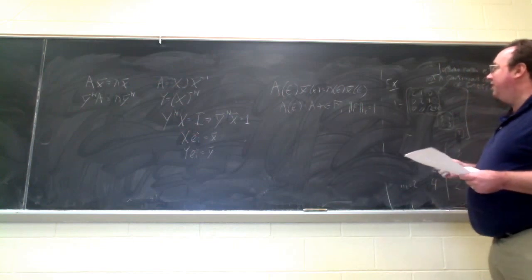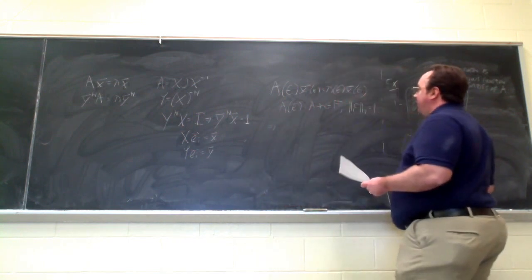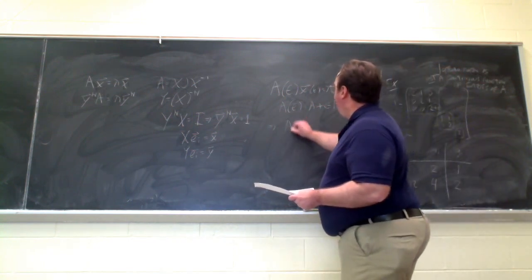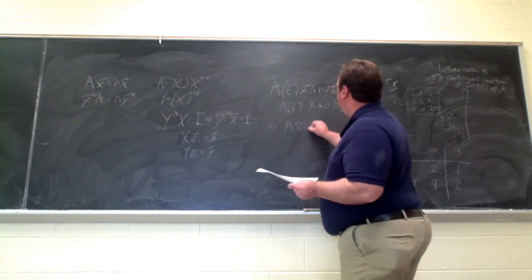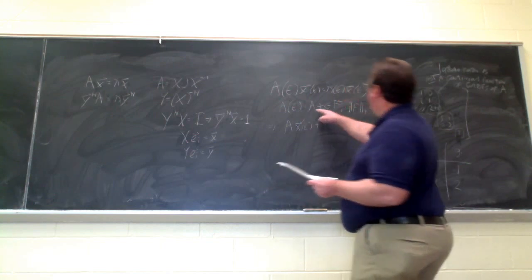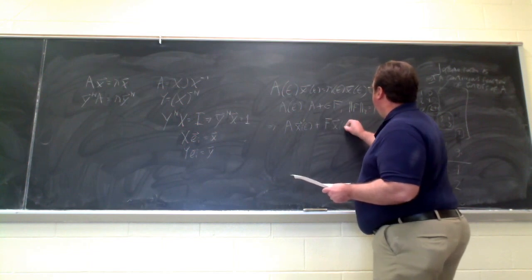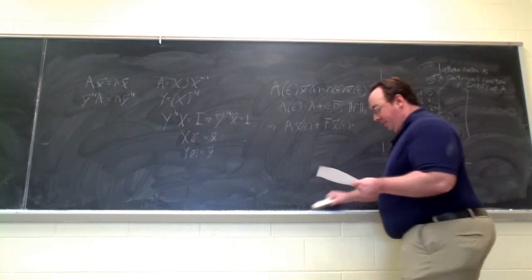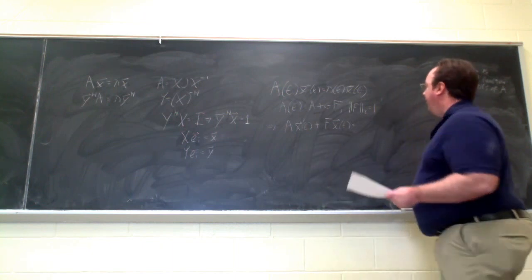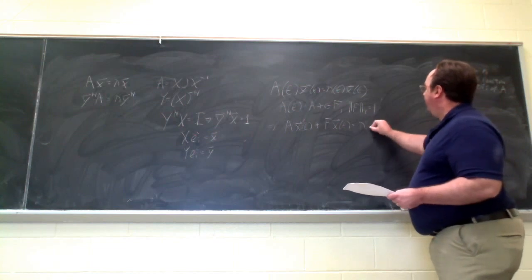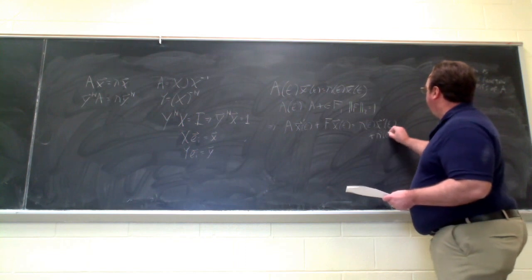So now what I can do is differentiate with respect to epsilon. And what I get is A x prime of epsilon, plus the derivative of this, which is just going to be F x of epsilon, and I need to use a product rule on the right side, and I get lambda x prime plus lambda prime x.